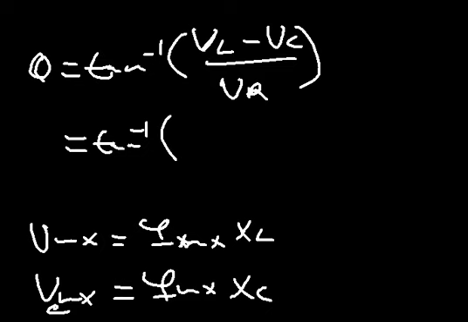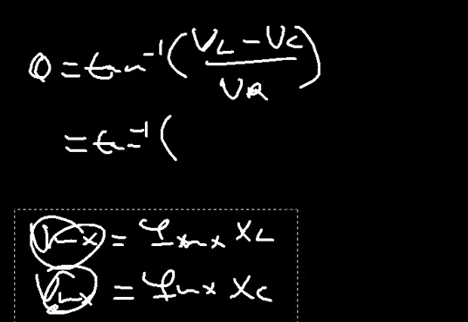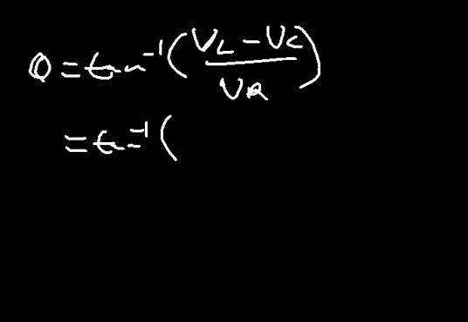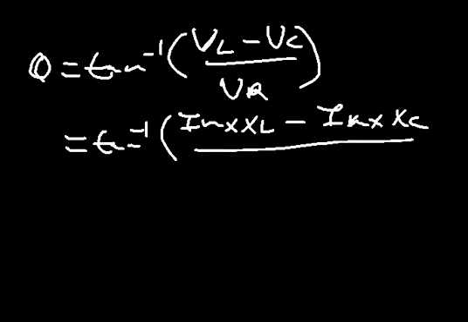And of course, if this is the case, then we can also use this one as well. Then this is also true, which means we have Imax times XL minus Imax times XC, divided by the voltage across the resistor, which is given as Imax times the resistance.